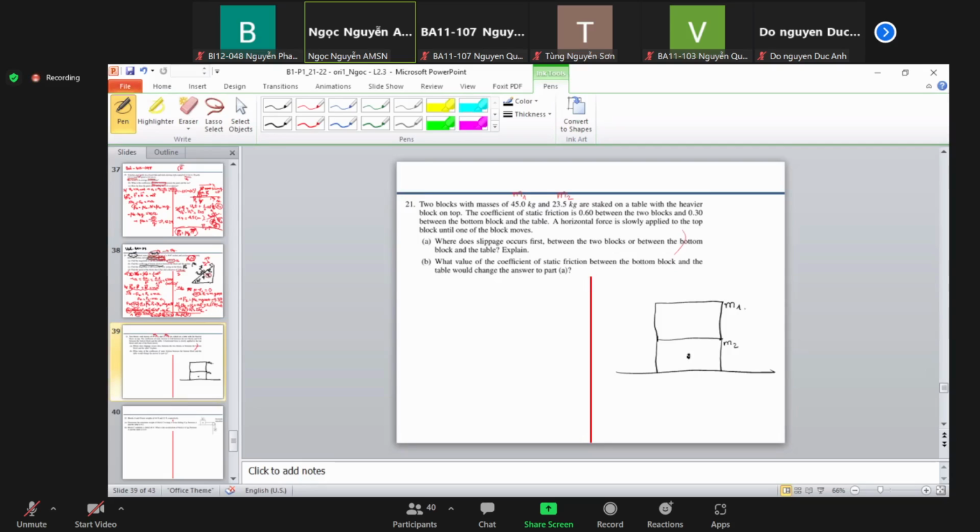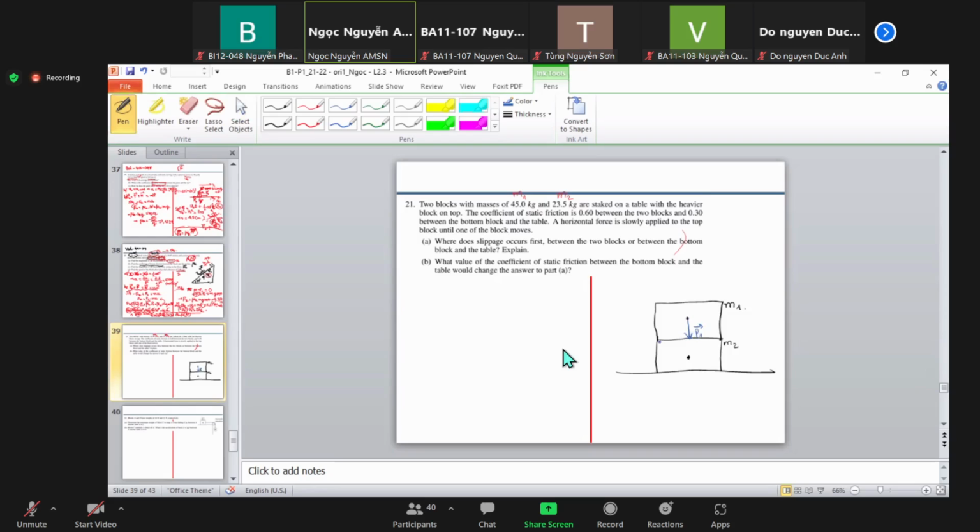So M2, you will have what? Or maybe M1 first, okay? M1 you will have here. I will change the color. The gravitational force acting on M1, okay? I call it P1.